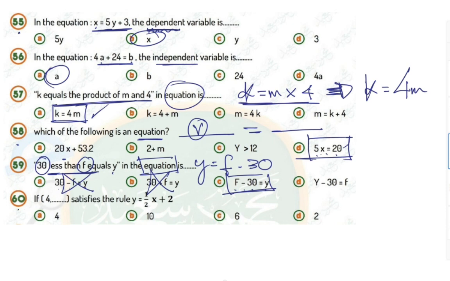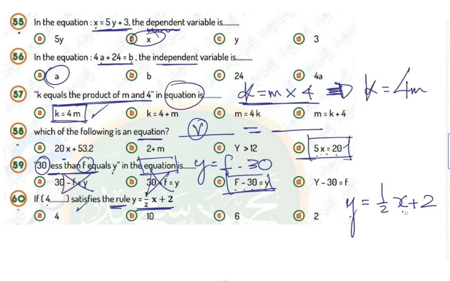Okay, last point of the choose questions. If we have some ordered pair, 4 and what, that satisfies the rule, we know that the rule is the equation. Now, which ordered pair satisfies this equation? Look here at this equation. You have two variables. First, identify which one is the independent, that equals 4. Is it x or y?